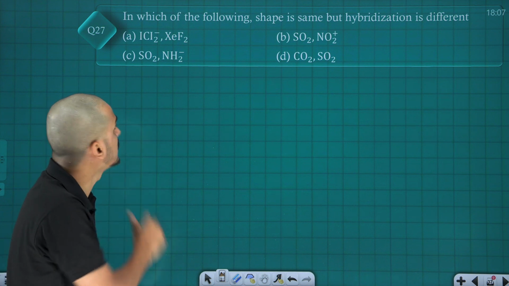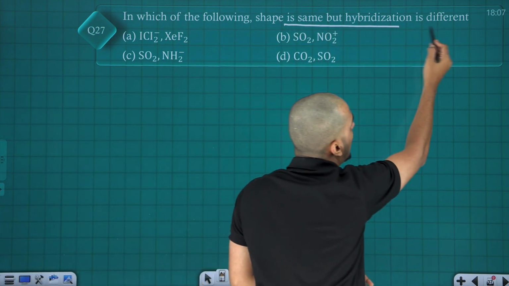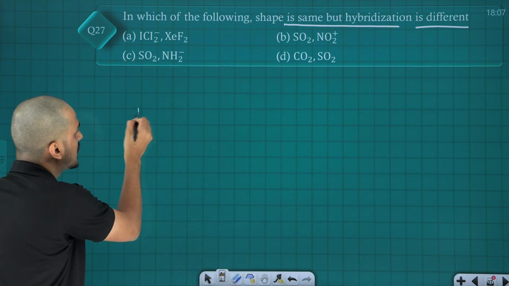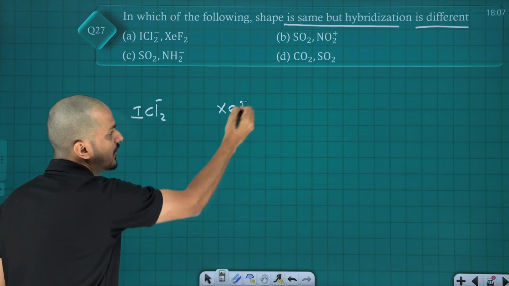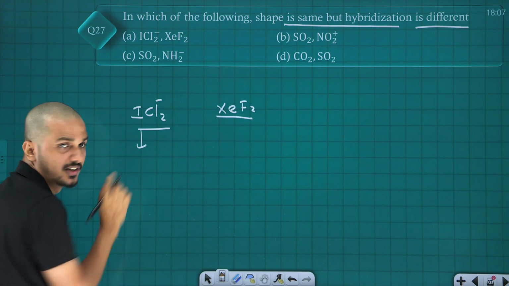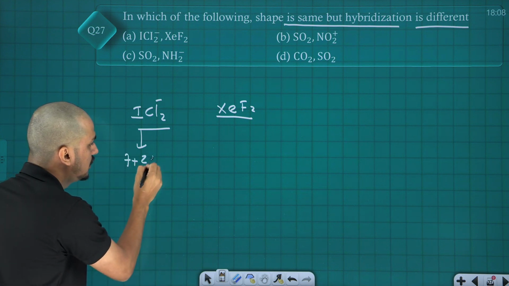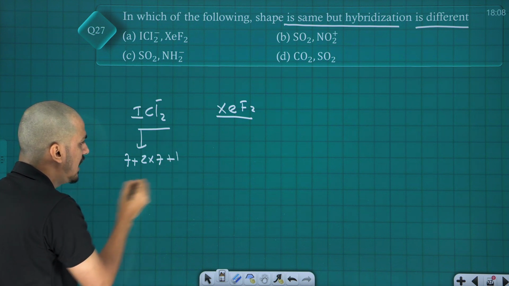What's the question? In which of the following is the shape same but hybridization different? We can check the first option, ICl2 minus and XeF2. We have to find out the total number of valence electrons. Iodine valence electron 7, chlorine 2 into 7, and minus 1 means we have to add 1 electron.